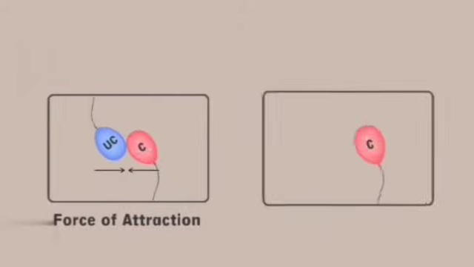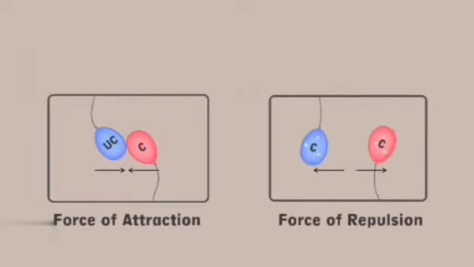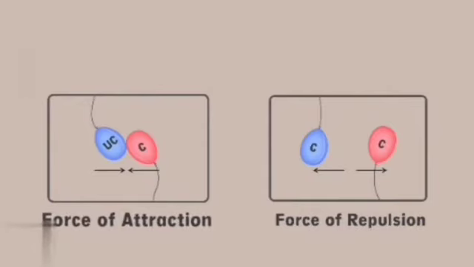And in the second case, there was a force of repulsion between both the charged bodies. In fact, whenever we rub two bodies together, both of them acquire charge. Then this charge attracts or repels other charged or uncharged bodies when brought near them.